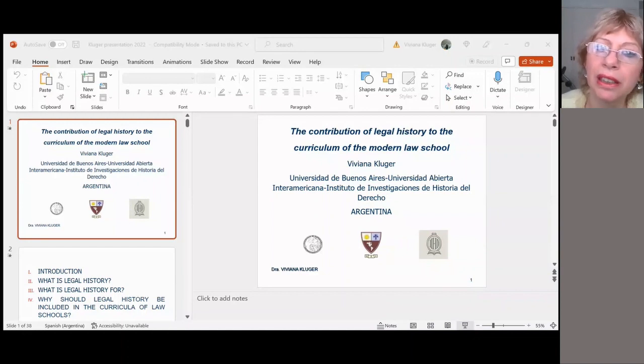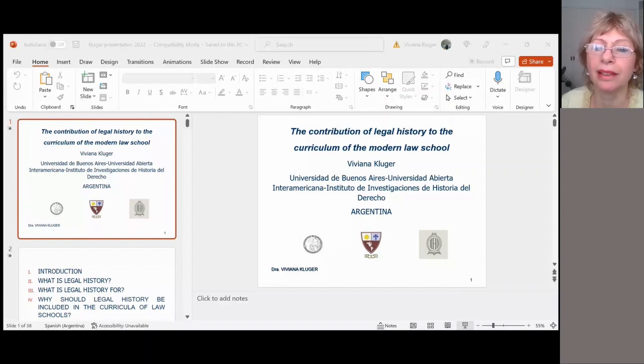In recent years, the inclusion of legal history in law schools curriculum has been a battle that legal historians have had to face because legal history has been eliminated, cut, or its contents have been distributed among various subjects in many universities.